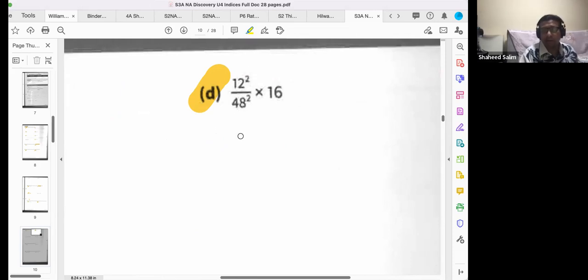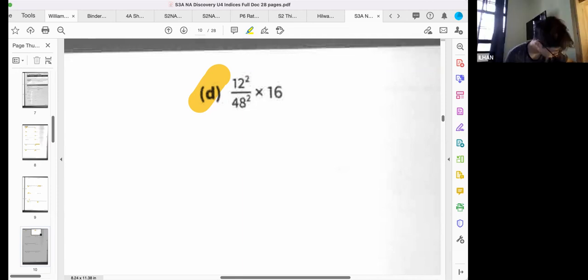Down here, same power, then you divide by 12 both. 1.